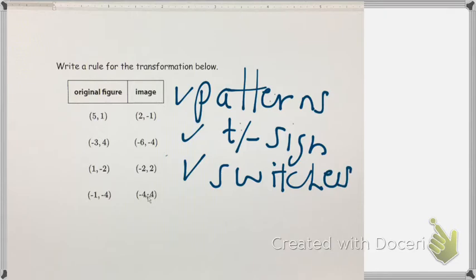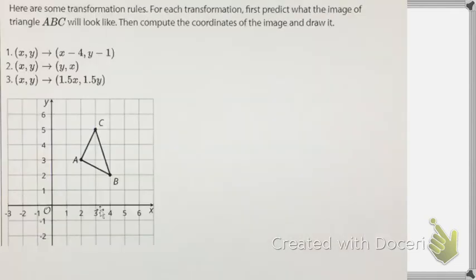And we'll notice that 5 to 2 is minus 3 in the x's. Negative 3 to negative 6 is minus 3, and onward and so forth. So that's the x pattern, and I'm sure you can probably figure out the y pattern as well. So check that out. Wrap that one up.